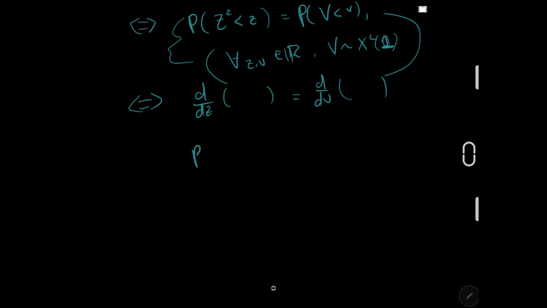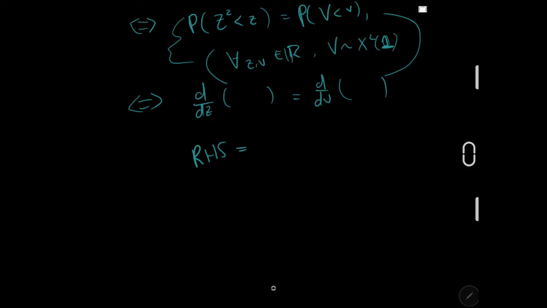I'm going to do the PDFs rather than the CDFs, but you'll see that the CDF kind of makes an appearance. So we're doing the PDF of a chi-squared.